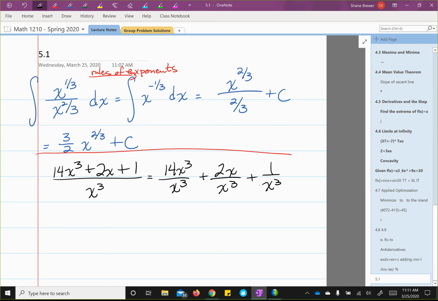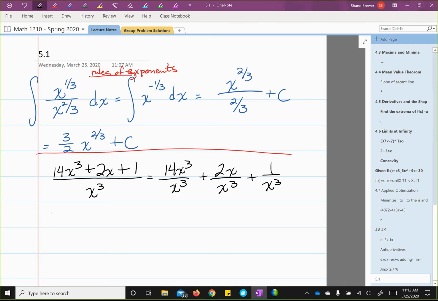Now, let me just talk. You guys feel free to interrupt me. I'll talk a little bit while we've got this time, but feel free to interrupt me and ask questions. When you get to 5.1, we're returning to a topic that we explored early in this semester, and that is finding the area under a curve.